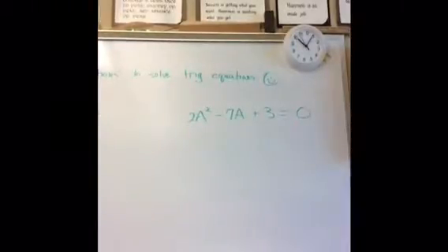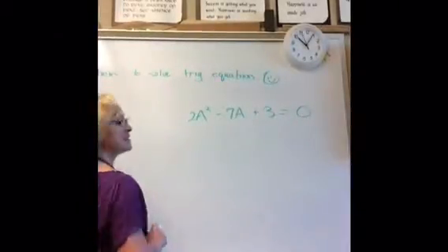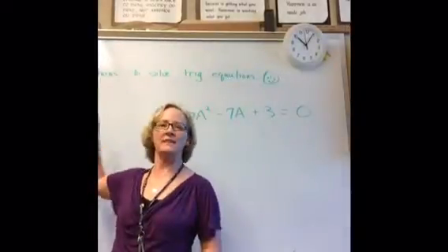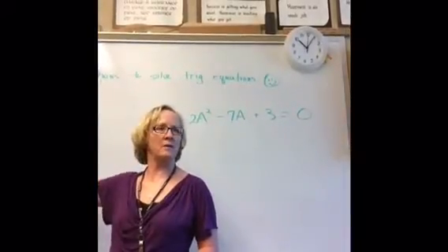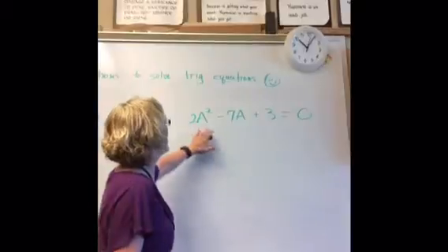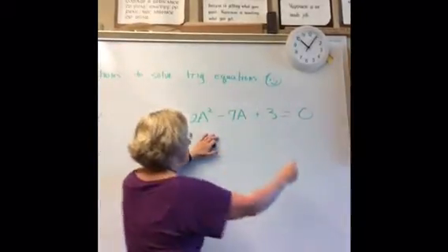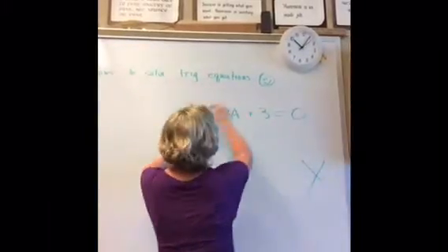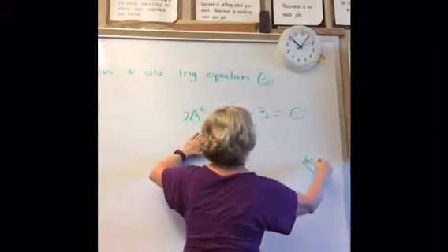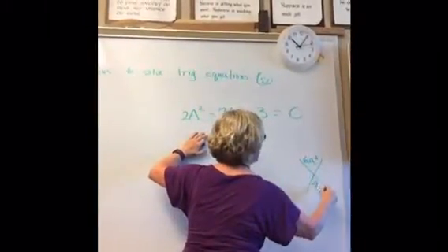Yeah. Well, let's ignore this one for a little bit, okay? Let's factor this one. So you would multiply over the top and get 6a squared, negative 7a.